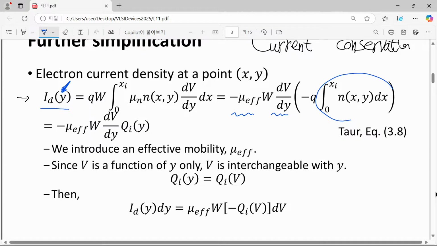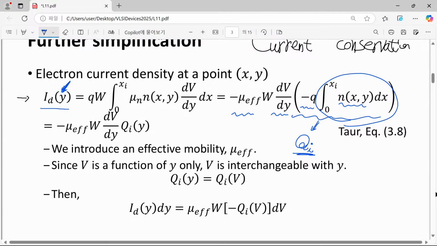Now you are looking at this one. Integration of our electron density along the vertical direction, combined with this minus q, the electronic charge, simply gives us the total amount of inversion charge density.